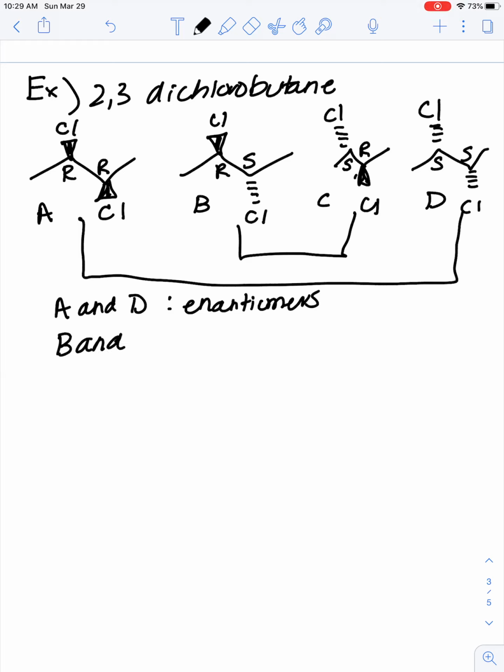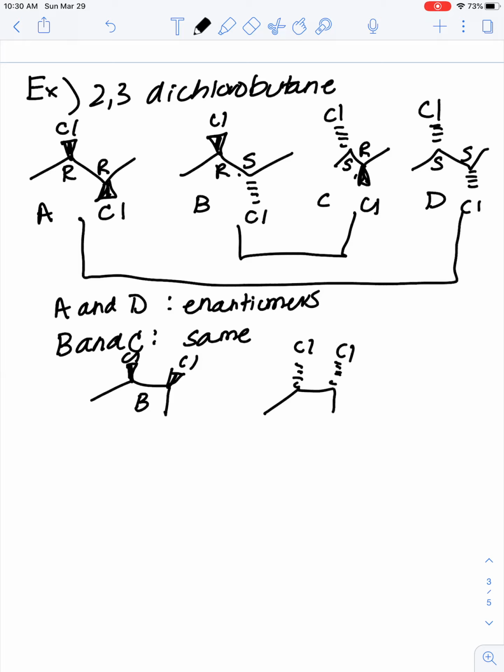When we're looking at B and C, B and C are actually going to be the same molecule. If we think about bond rotation, we can rotate around a bond if it is a single bond, right? We don't have a lot of strain associated with it or energy needed to rotate that bond. So when we rotate the bond, we're going to have something that looks like this, which would be B, and something that looks like this, which would be C. So just imagine rotating right around here.